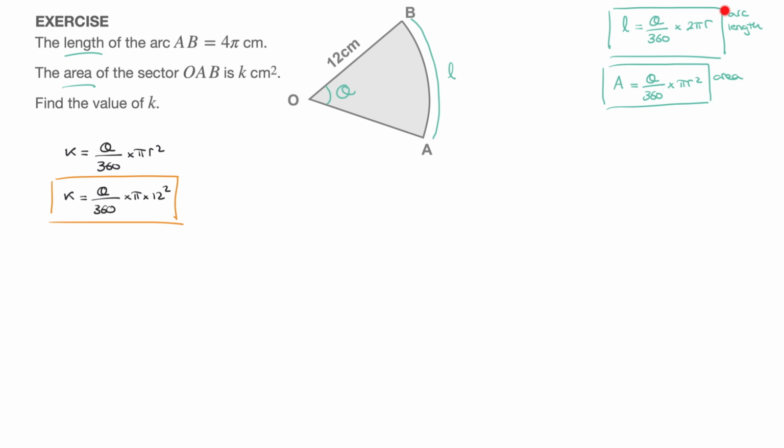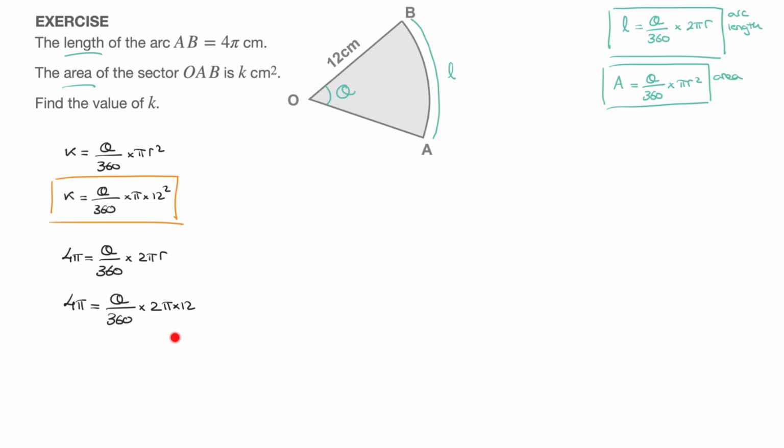So copying the formula for the arc length, but replacing the left-hand side L by 4 pi, it turns into 4 pi equals theta over 360 times 2 pi r. Now replacing r by the 12 centimeter radius, this becomes 4 pi equals theta over 360 times 2 times pi times 12.